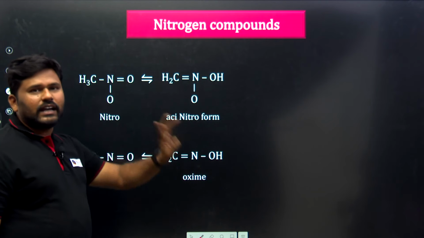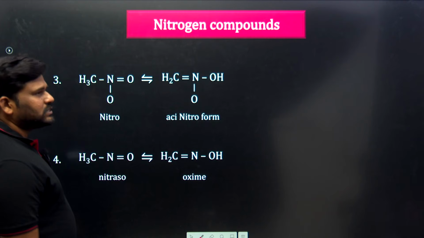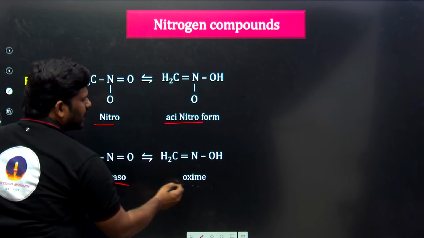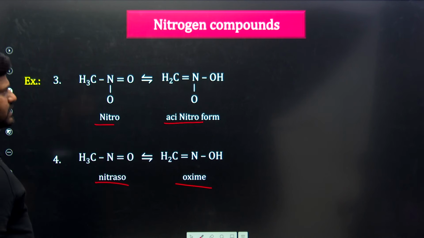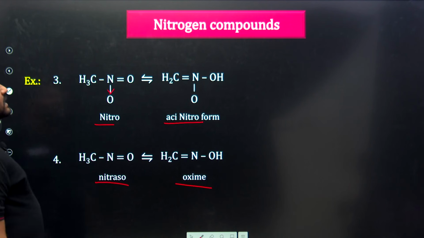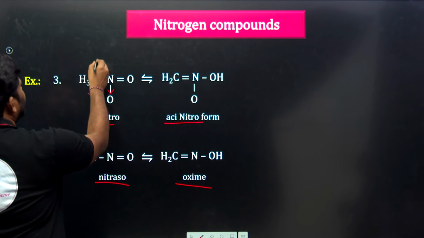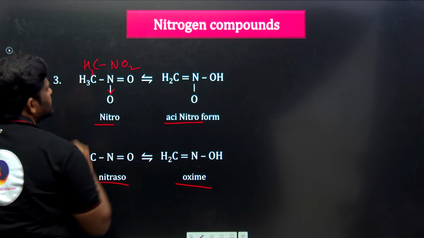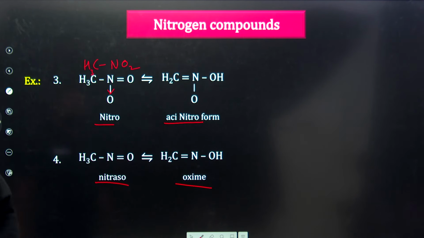And nitrogen containing compounds, examples: nitro and aci-nitro, nitroso or oxime. What is the nitro, sir? NO, here we have a dative bond, CH3NO2, simply we can write like this. In examination they may give it like this also. CH3NO2, same mechanism.